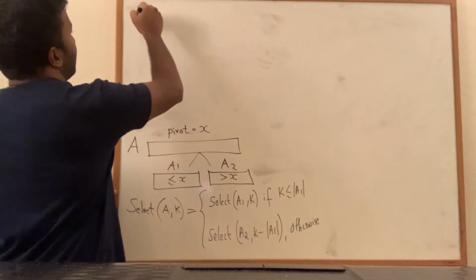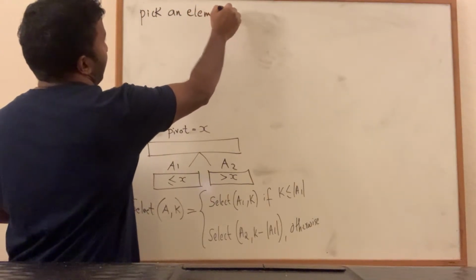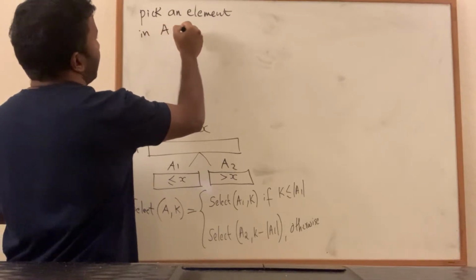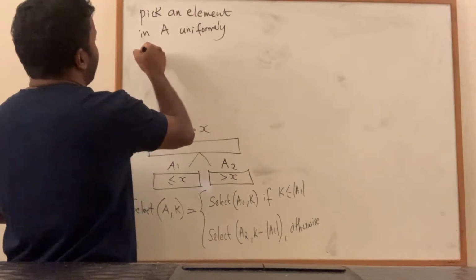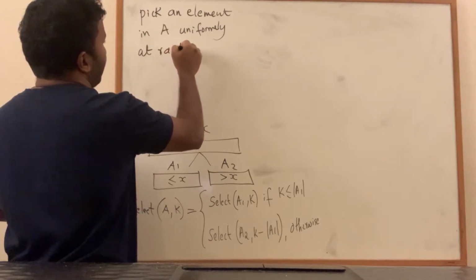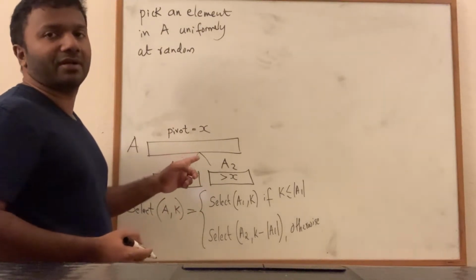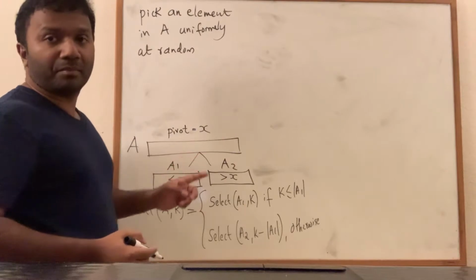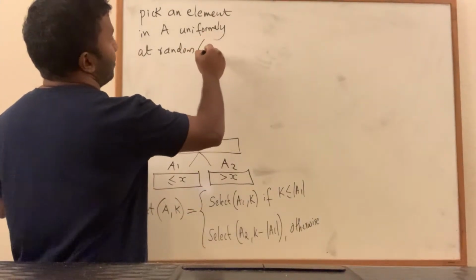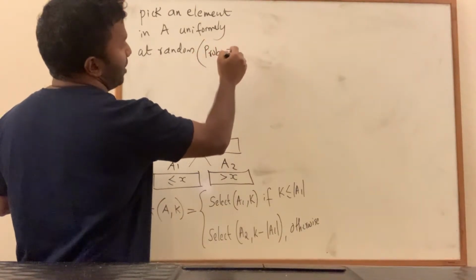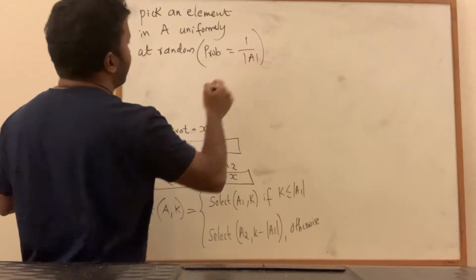Pick an element in A uniformly at random. So uniformly at random means the probability of picking any particular element is equal to 1 over the size of A. That is, the probability of picking any particular element in A is 1 over |A|.